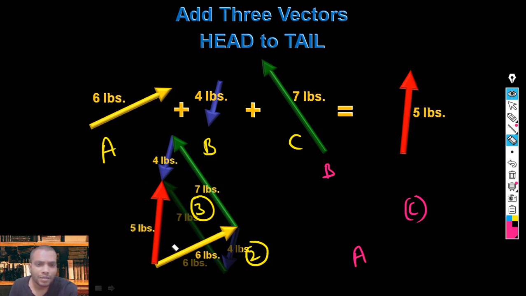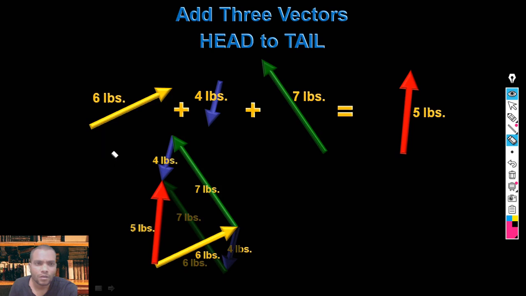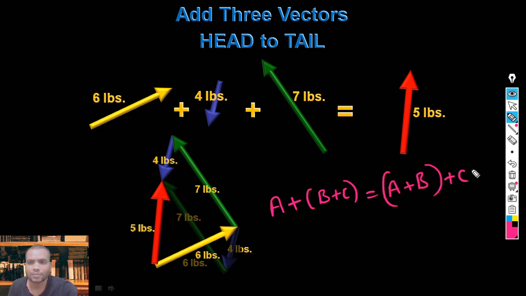Because vectors follow the law of association. So you can write that we know A plus of B plus C equals A plus B of plus C. So this is known in mathematics as the associative law.